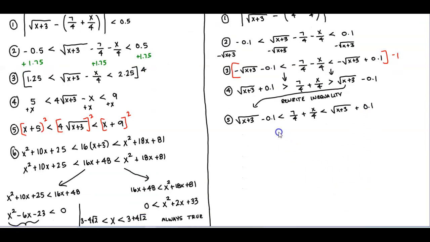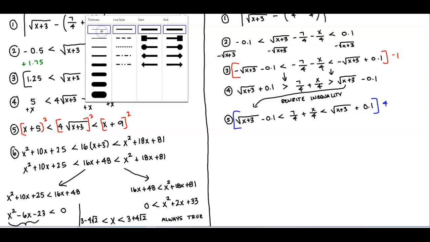Okay, so now we want to multiply every term by 4. So let's go ahead and do that. We're going to multiply everything by the LCD, which is 4.